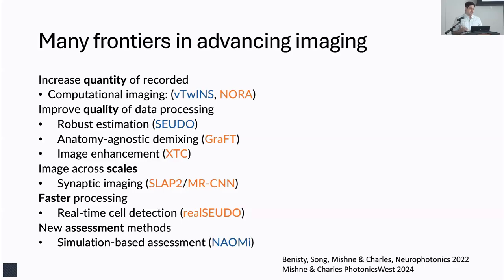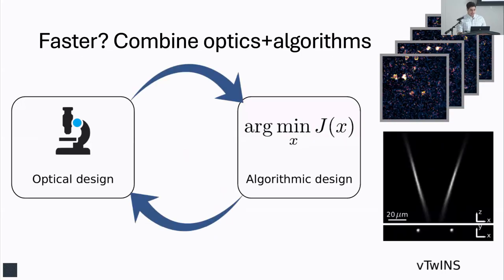And there's a lot of questions of doing things faster in real time, so you can make online changes to experiments and really probe the brain in more creative ways. So I want to start with computational imaging, and really thinking about making imaging either faster or larger, right?